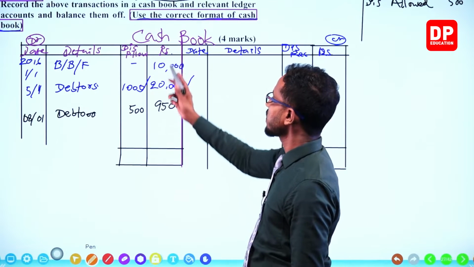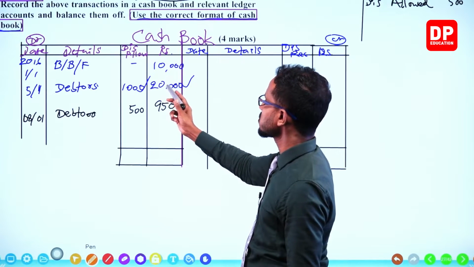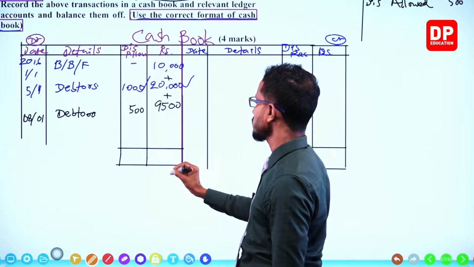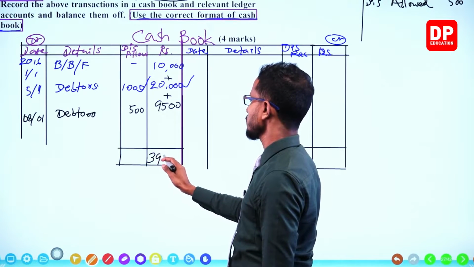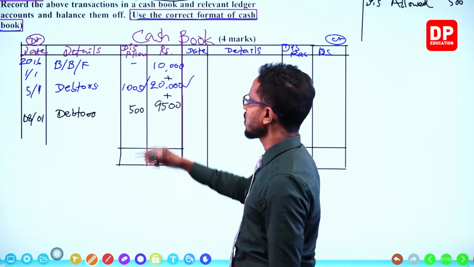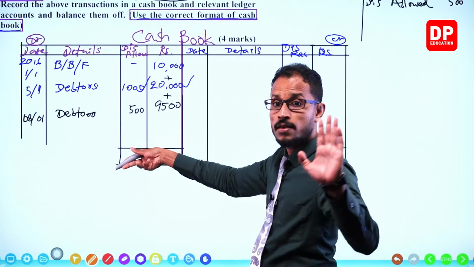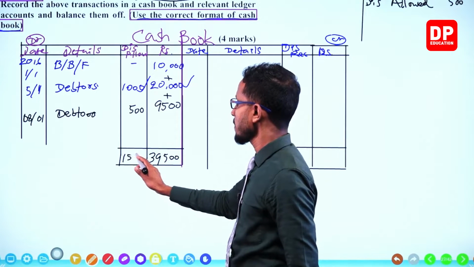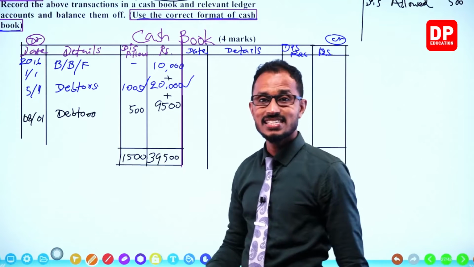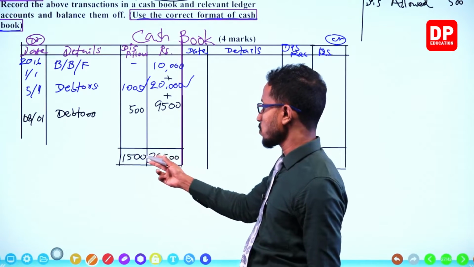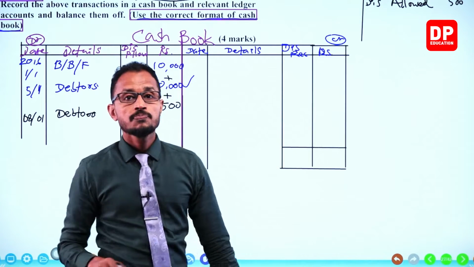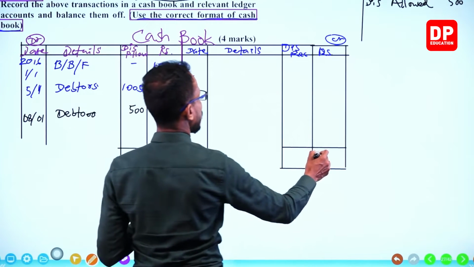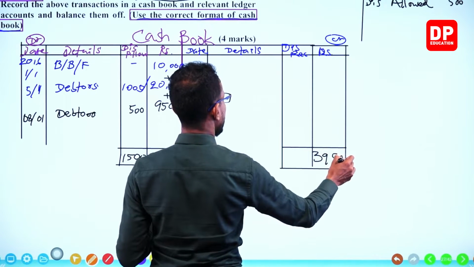On the debit side, cash column, 10,000 is the balance. 10 plus 20, 30, 30 plus 9,500, 39,500. In the discount allowed column, take the total and mention it here, 1,500, in the total box. Now take the higher total onto the other side.